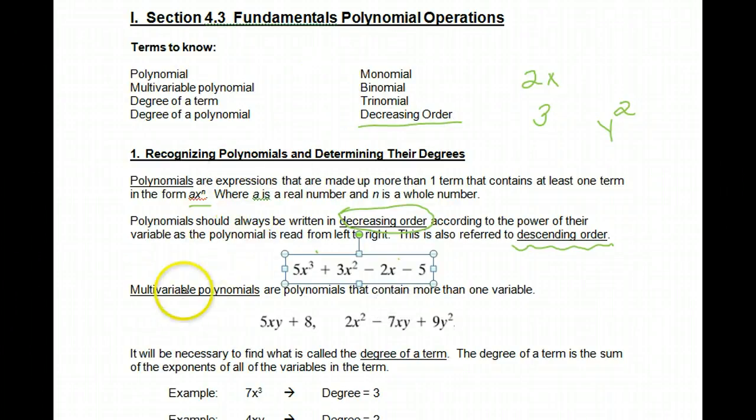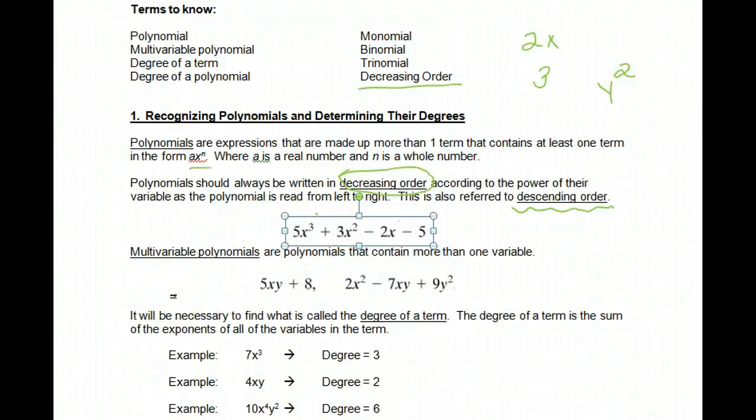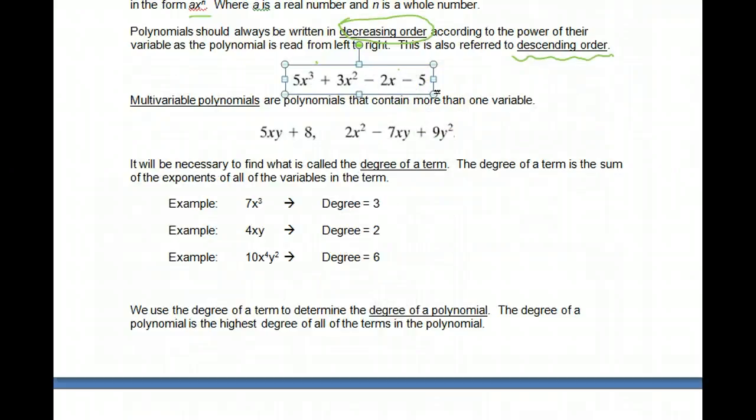Now, the polynomial that we were just looking at, the 5x cubed plus 3x squared minus 2x minus 5, is just a plain old polynomial. You'll notice that we're just dealing with one variable, and that's the variable x. Sometimes our polynomials will have more than one variable in them, and when that happens, that is referred to as a multivariable polynomial, because it has multiple variables.